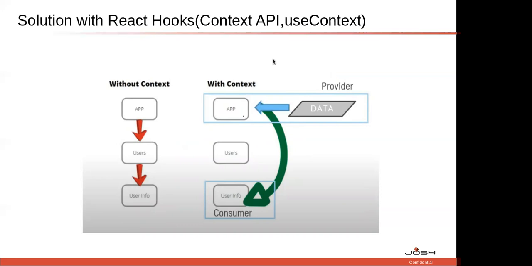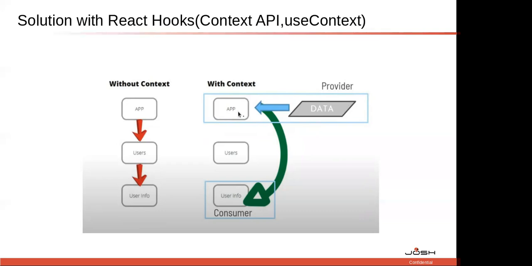In context, it is the same idea as in Redux. There is a context provider where all the data is kept, and we wrap the main component, the parent component app, with it.